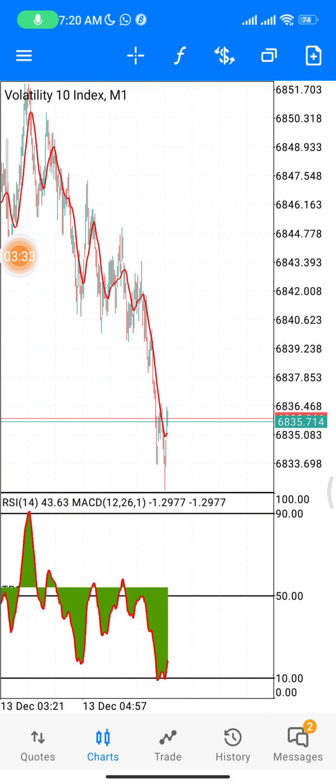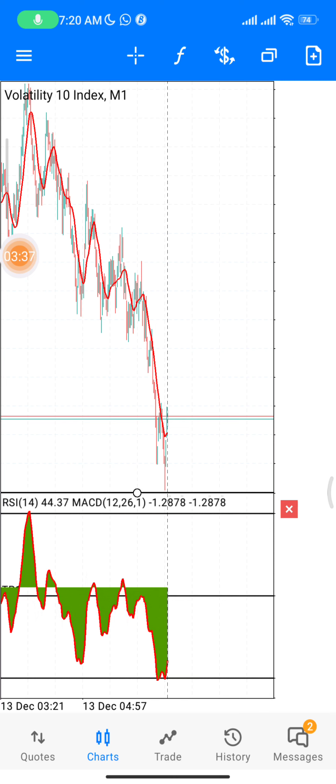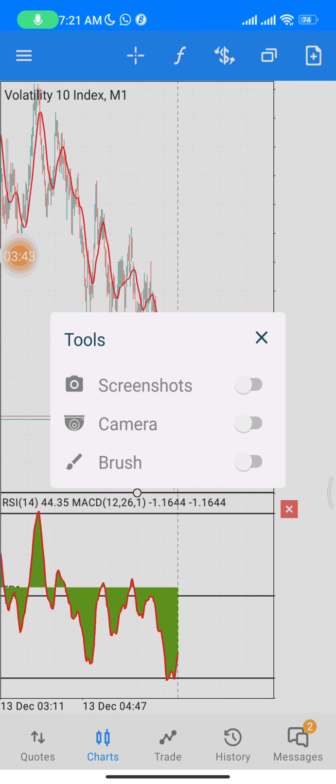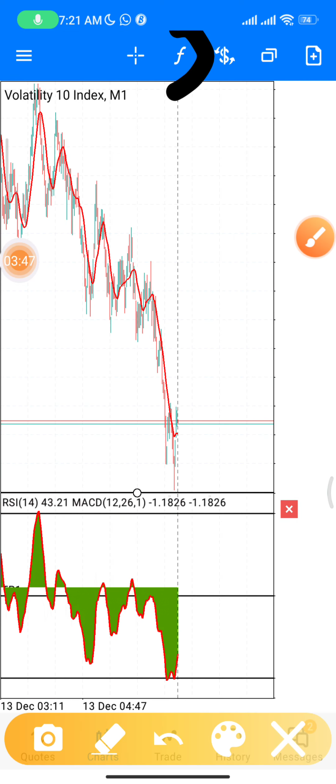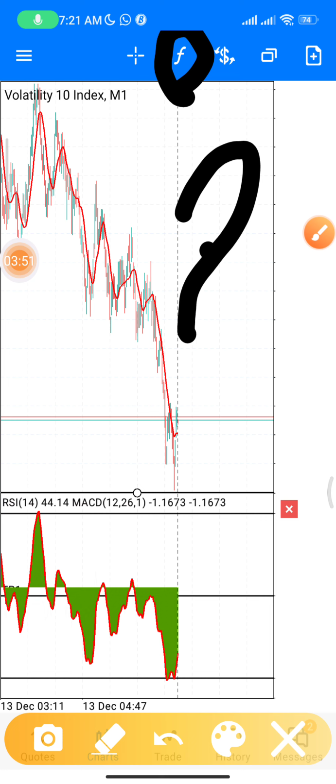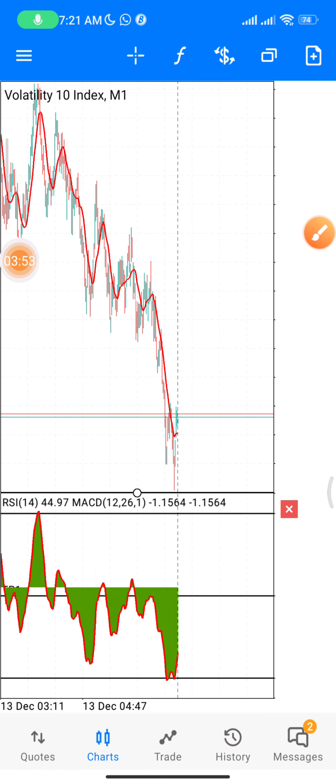Then you zoom in. Make sure you drag your screen up to the F sign on top. Make sure this line here is at the middle of it.